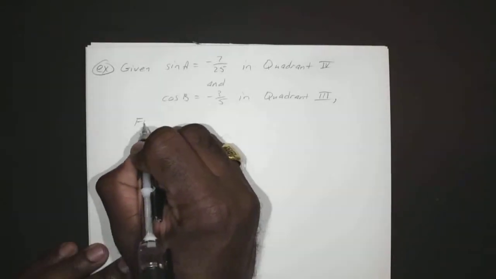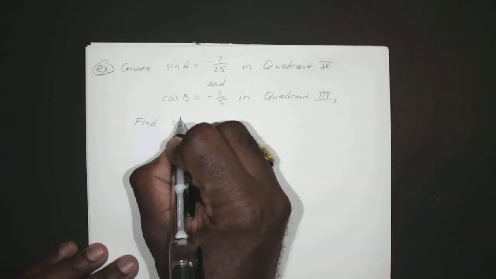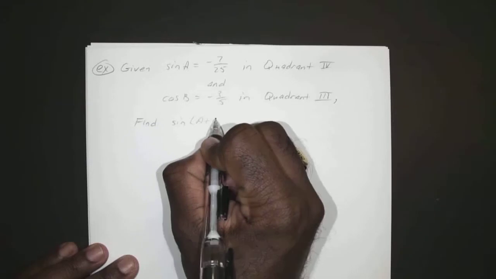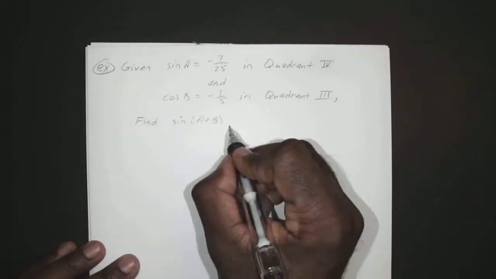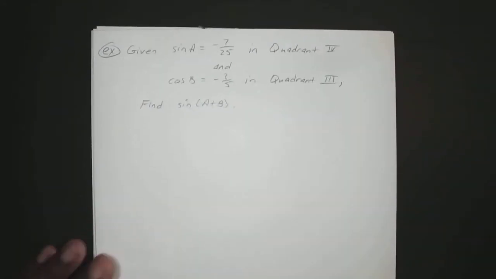Okay, so from that we want to find our sine of A plus B. Okay, so to do that we need our sine of A, sine of B, cosine of A, and cosine of B.